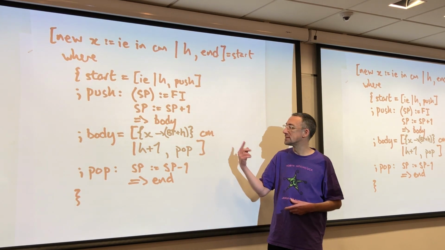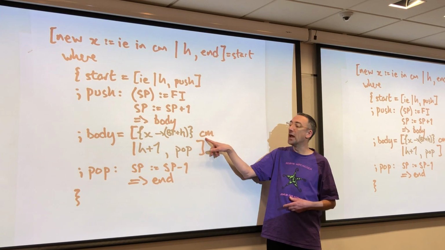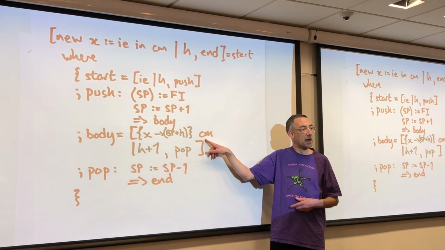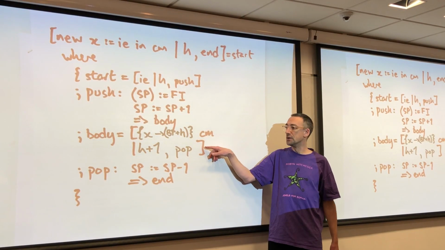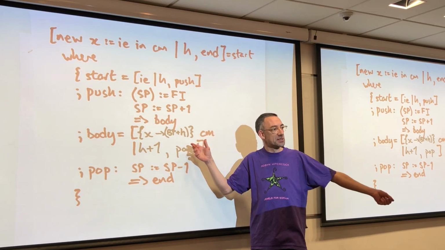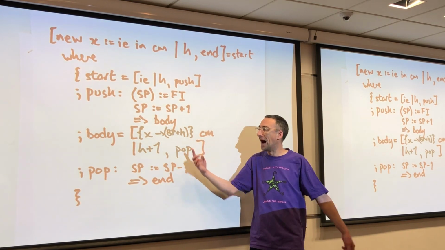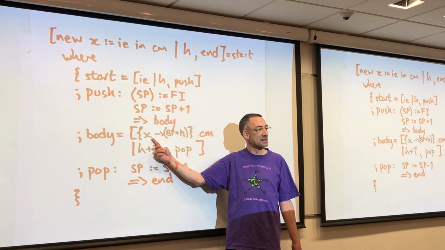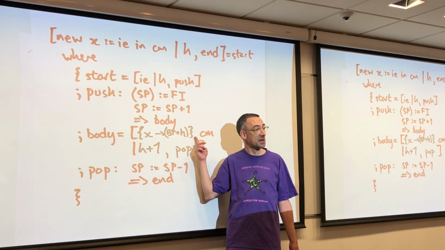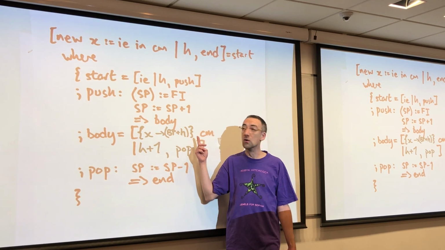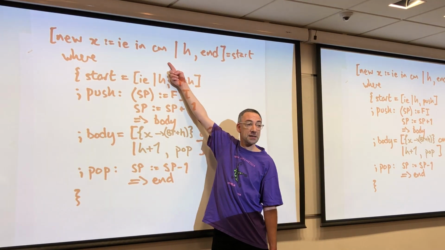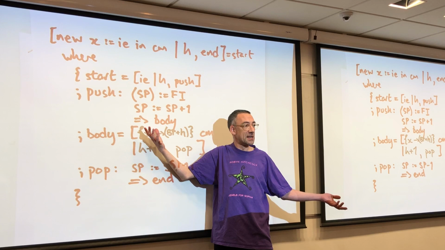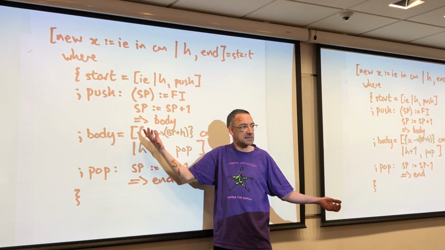So what we're saying here is when you are compiling this command, you should keep all the symbol table information you already know and extend it with the knowledge that whatever variable x stands for now maps to BP plus h. So in this command, whatever was in scope before is still in scope, unless it happened to be called x.